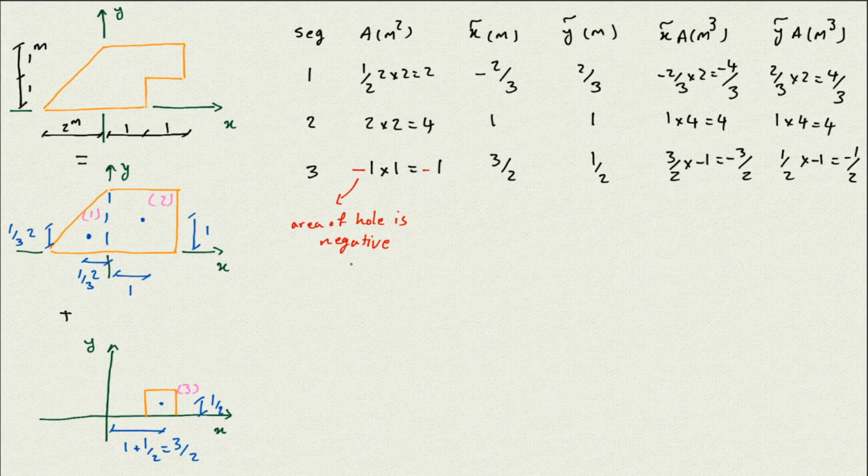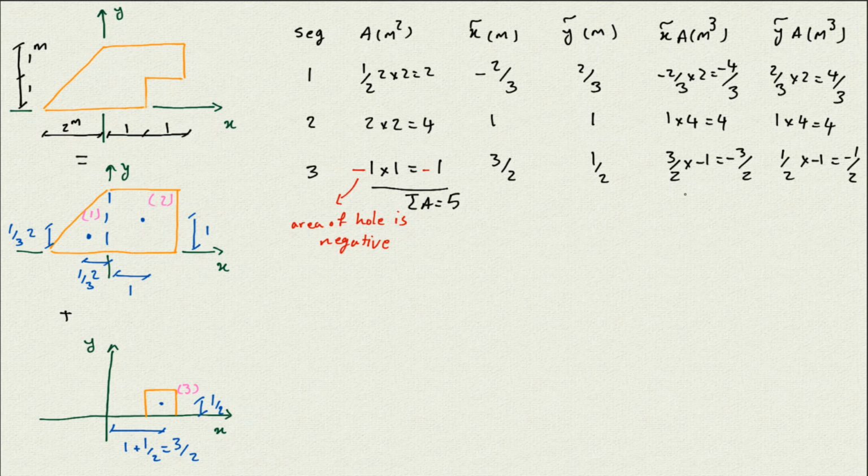Now we will add all the values together. The very last row is going to be the sigma of each column. The sigma A, if we add all this together, is going to be 5.